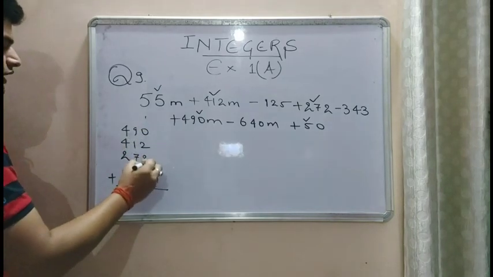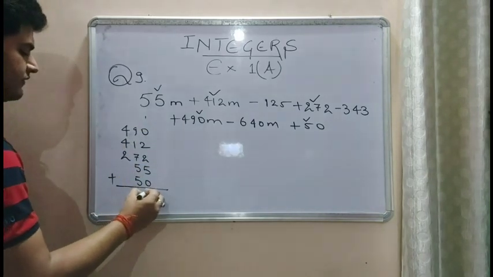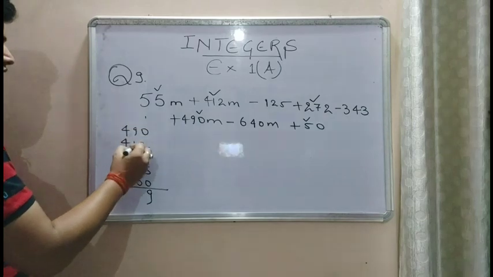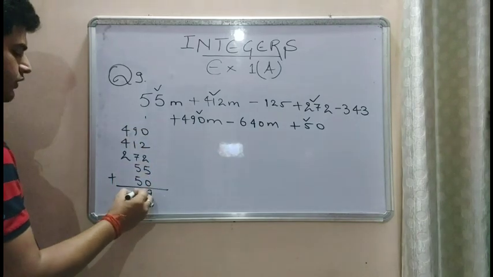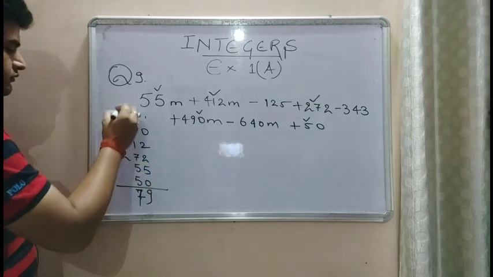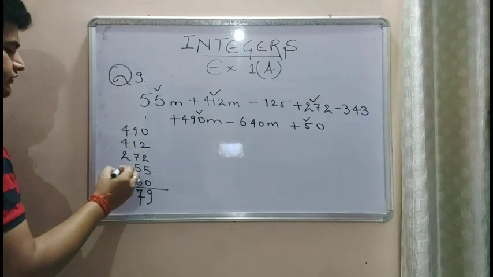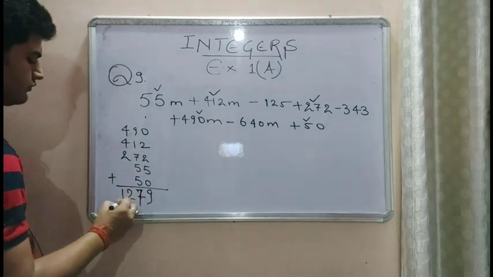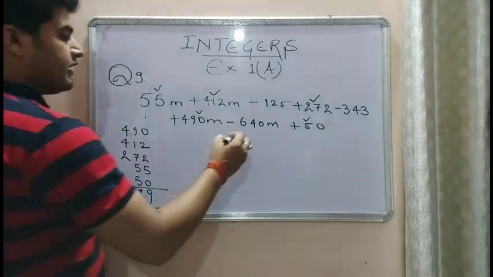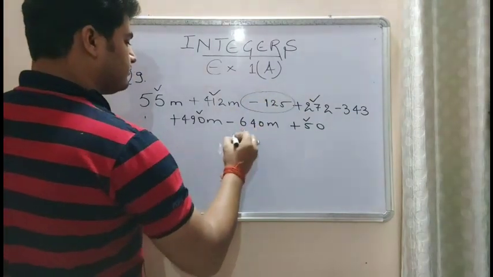On adding them you will get what? 2 plus 2, 4 plus 5, 9. 9, 1, 10, 7, 17, and 10, 27, 2, 4, 2, 6, 6, 4, 10 to 12, 1, 2, 7, 9.